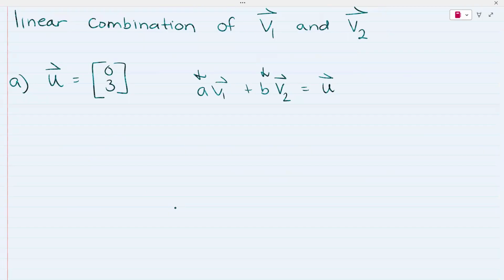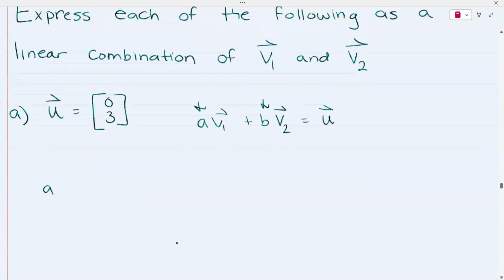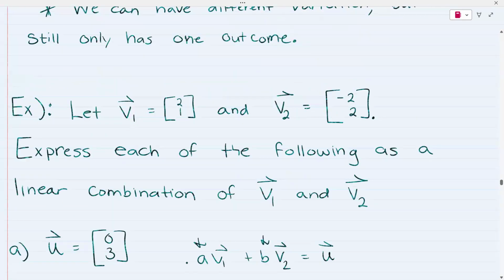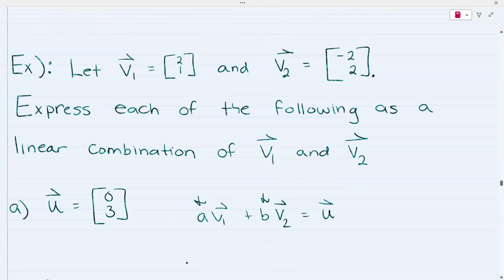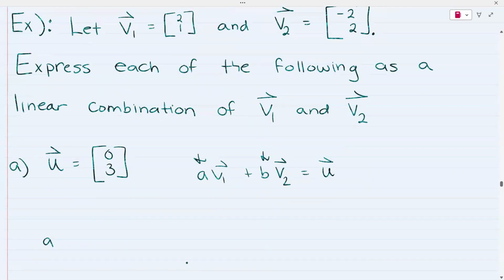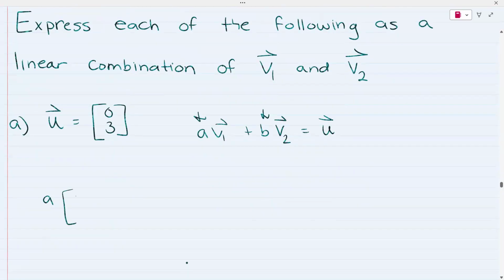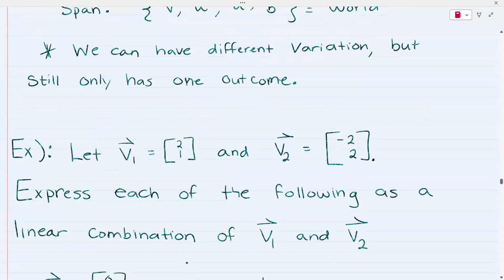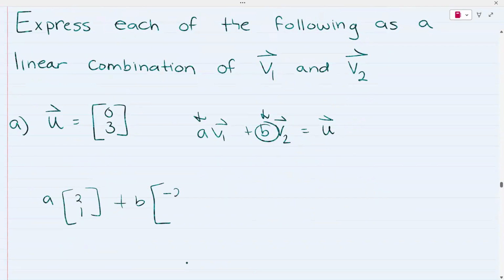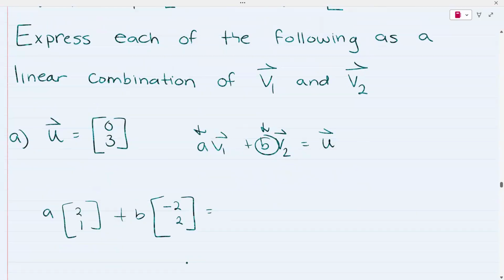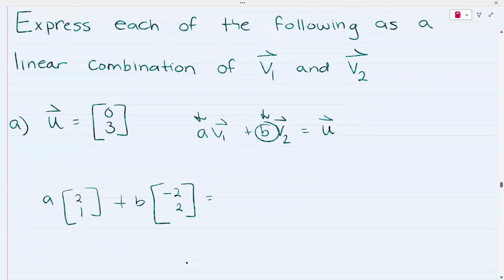So what I'm going to do is write it as a, and we know that v1 is 2 comma 1, so it would be a times 2 comma 1 plus my unknown, my b. I don't know what my b is. And then my vector v2 is negative 2 comma 2. And then that equals vector u, 0 comma 3.